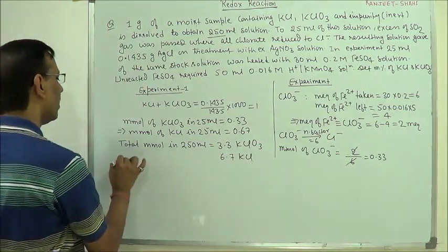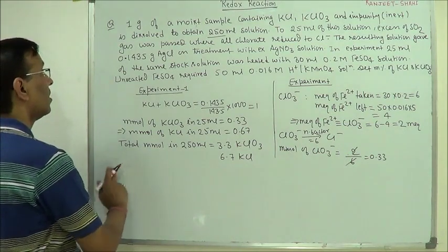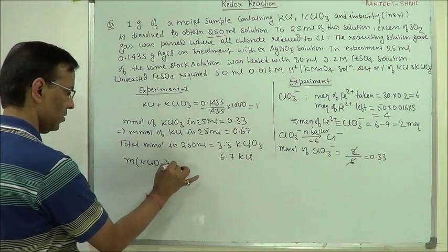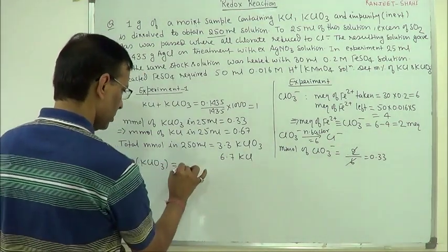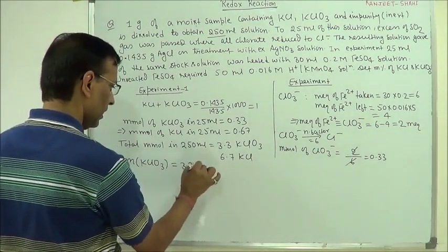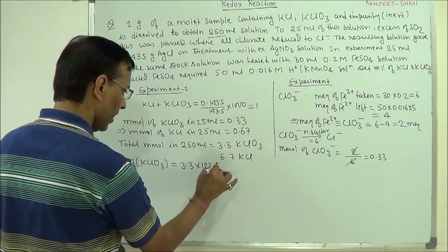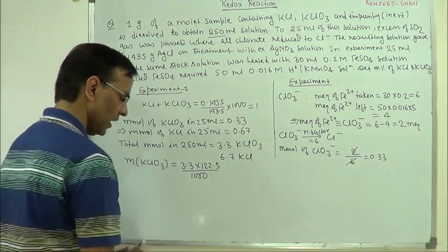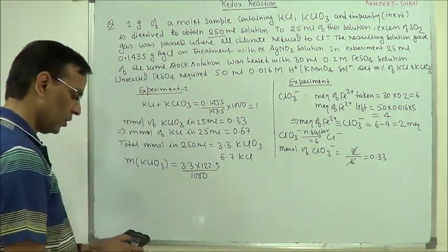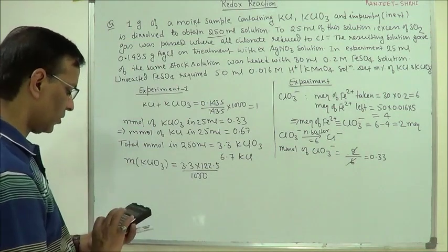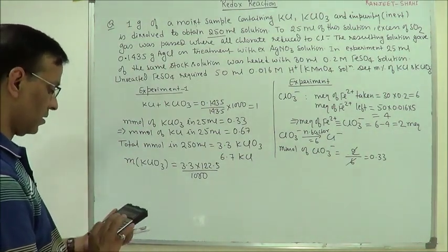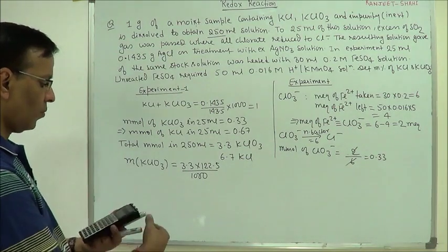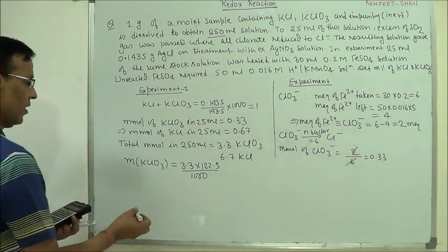So the corresponding mass of KClO3 will be equal to 3.3 into 122.5, its molar mass, divided by 1000. If we calculate it, it comes out to be 0.4 gram approximately.